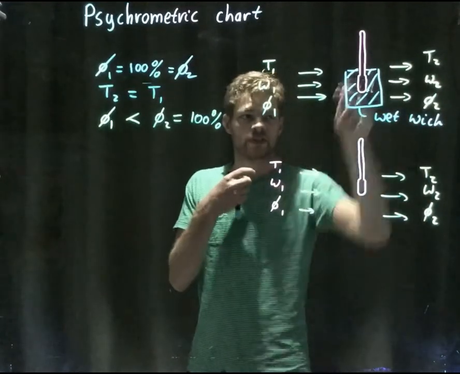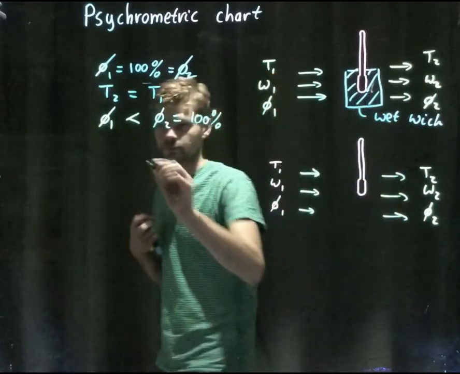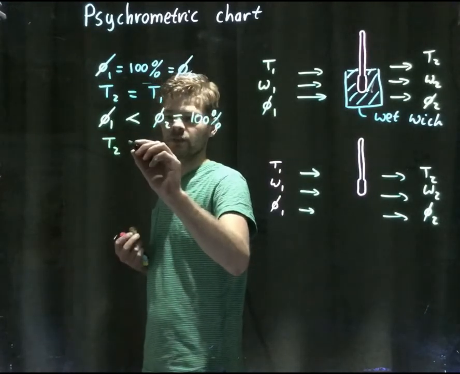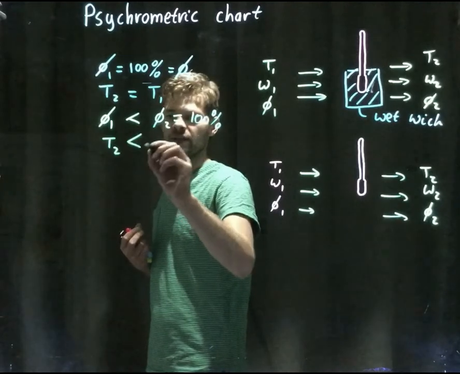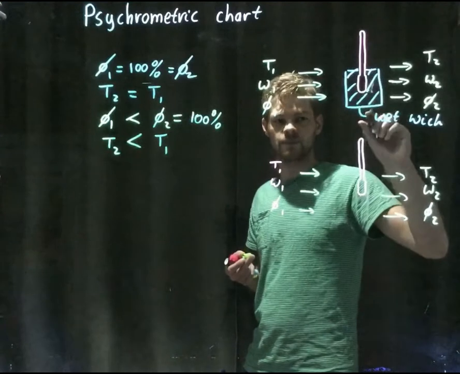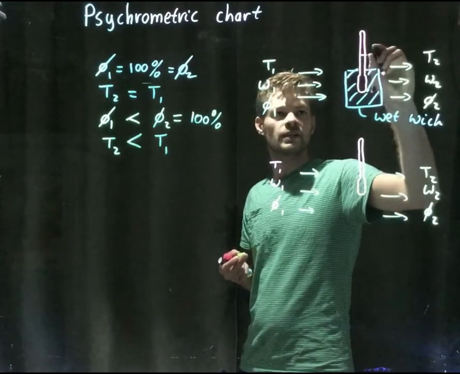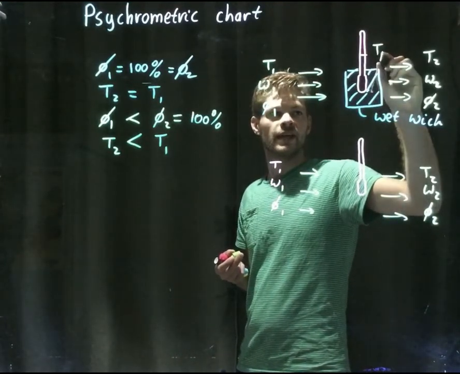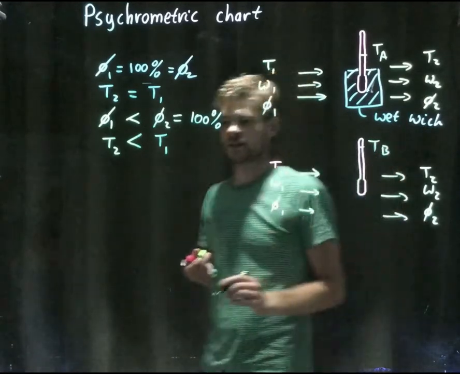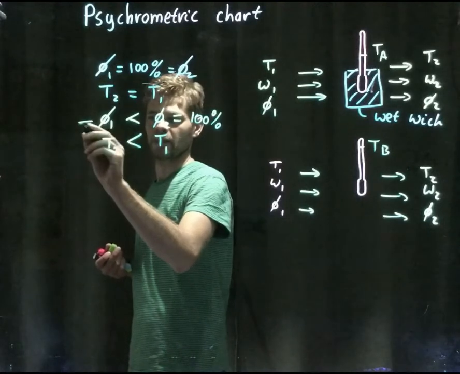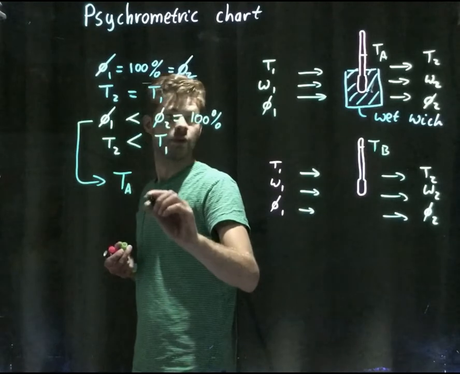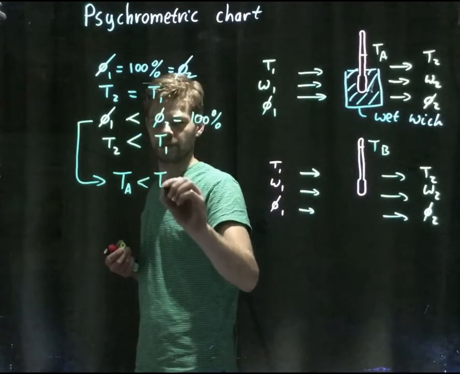So this temperature will be lower. And in that case, T2 will be lower than T1. And this reading, TA, will be different from this reading. So if this is happening, then TA will be lower than TB.